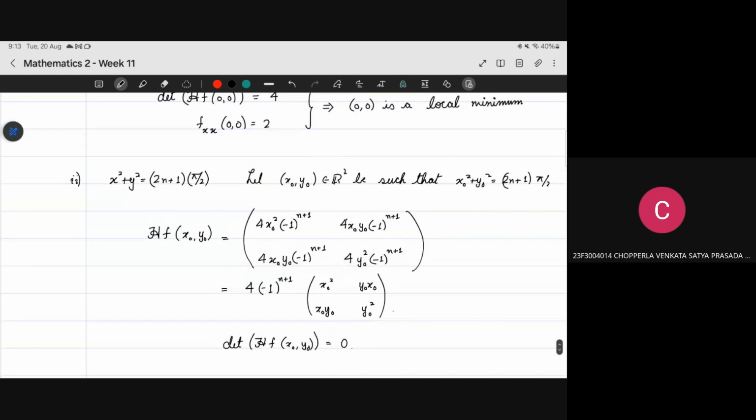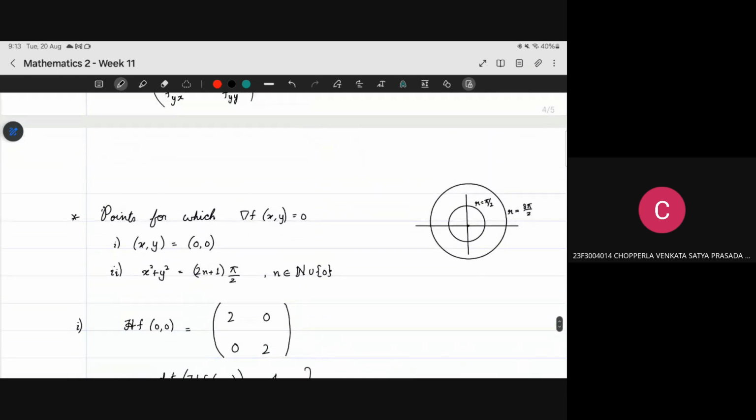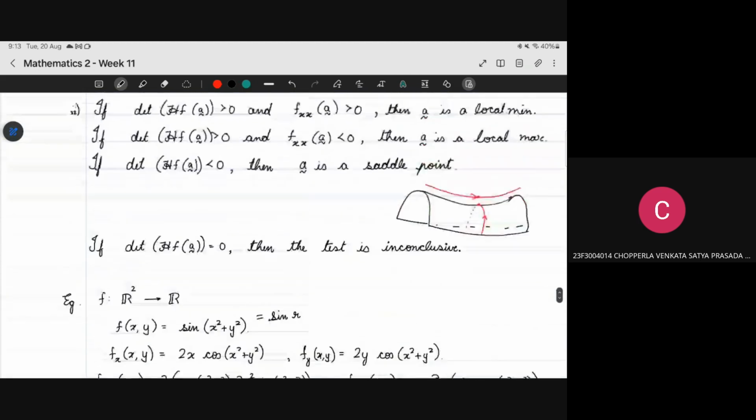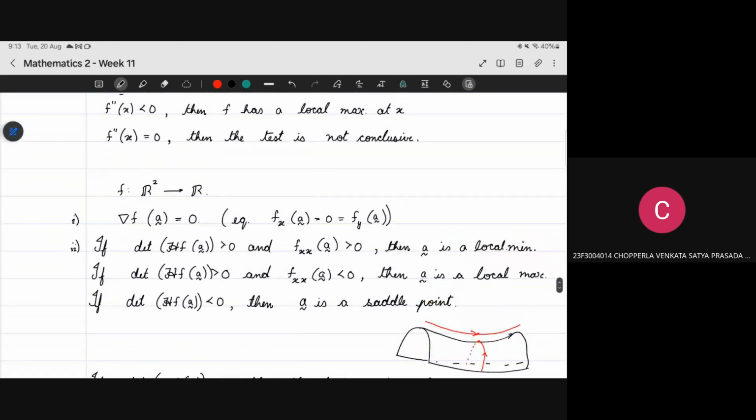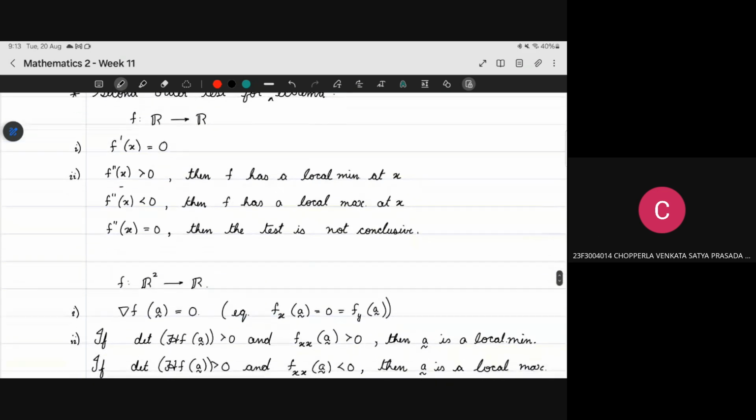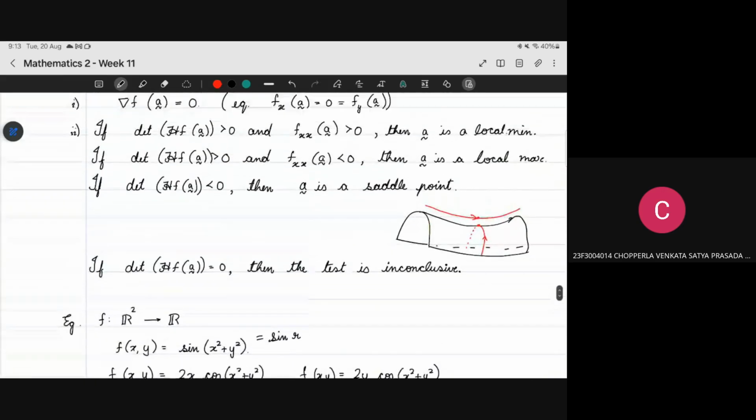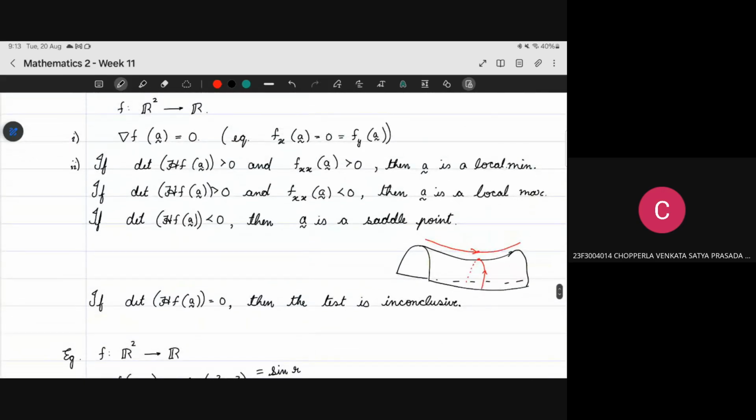So this is one application of the Hessian, and it gives you the notion of a second derivative test, which is somewhat similar to the one variable case. Now this is for a function from a two-dimensional space to a one-dimensional space.